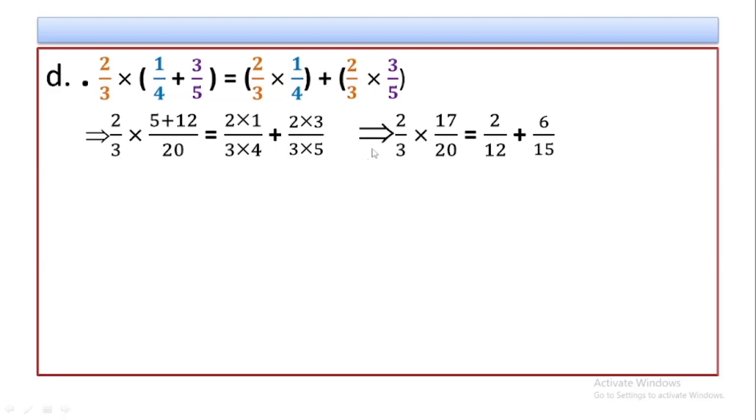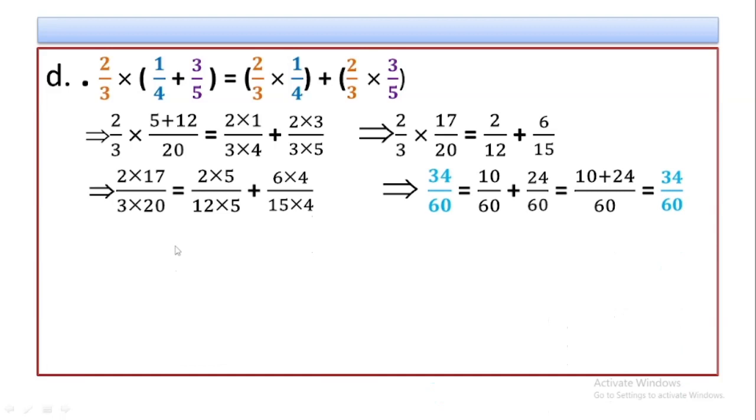So this will be 2 over 3 times 17 over 20, which is equivalent to 2 times 1 is 2, 4 times 3 is 12, plus 2 times 3 is 6, 3 times 5 is 15.